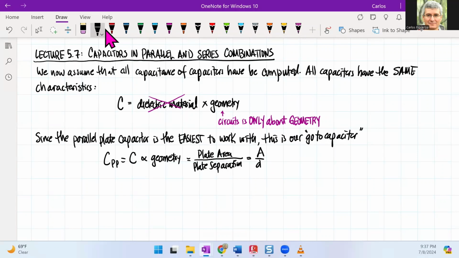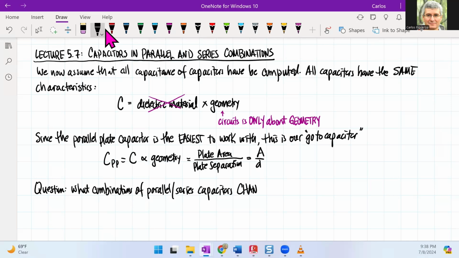So now we ask an important question. What combinations of parallel or series capacitors change one area or two plate separation?